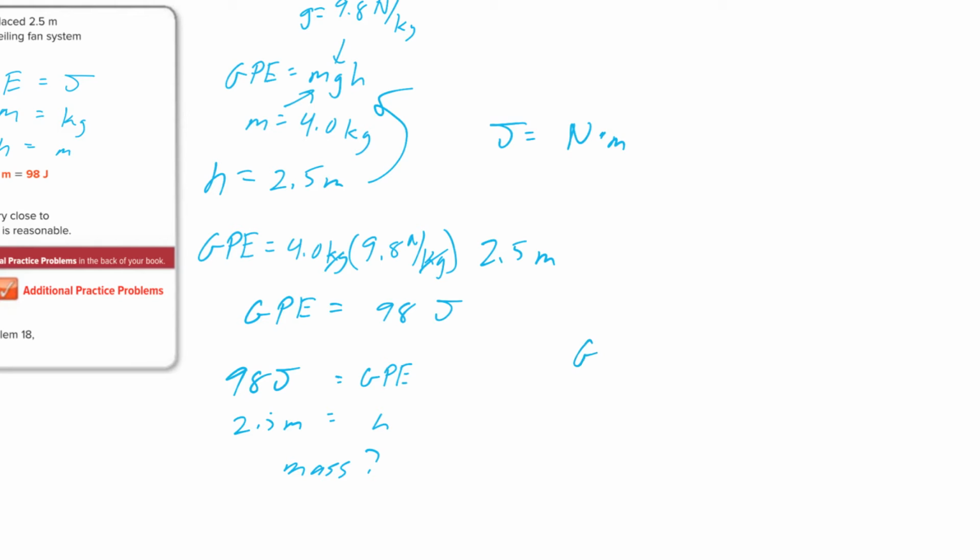So you take your GPE equals mgh. GPE, you know, is 98 joules. Mass, we don't know. G is 9.8 newtons per kilogram. And H, we are given 2.5 meters.